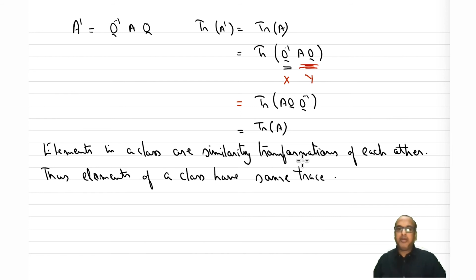So thus if we have determined the matrix representation of one of the class elements, we don't need to determine the matrix representation for the rest of the class elements, because the trace of the two elements will be equal.